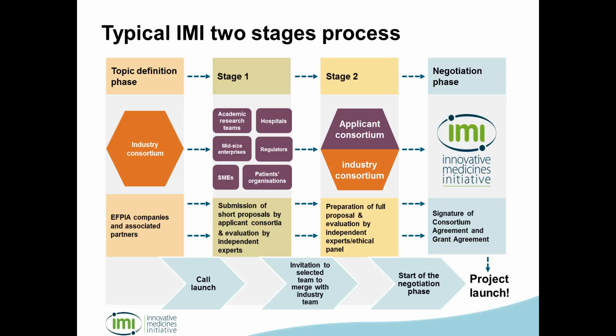This is where the successful consortium merges with the existing industry consortium to form one single kind of project consortium, which then writes the real detailed work plan and really defines how the project will proceed for the next 5 years or so. Okay, so my message here for you is, begin early, find your consortium, and address everything you see in the topic text.